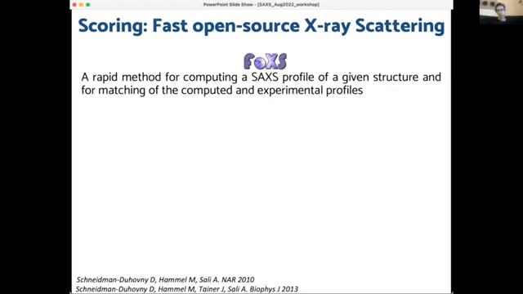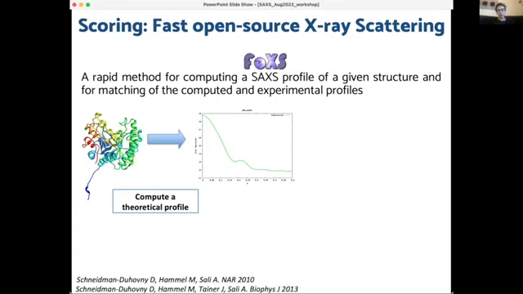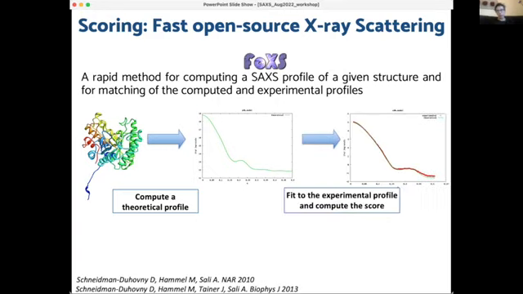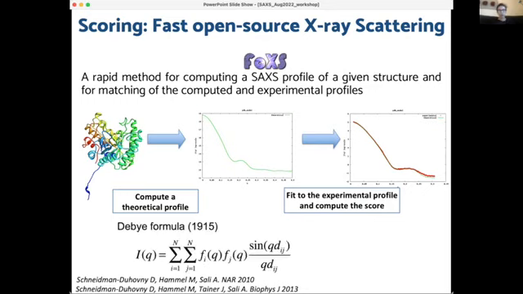And this is why when I started working on SAXS many years ago, the first thing we did with Michal was developing FoXS, which is a calculator for a theoretical SAXS profile. So what it does, it takes a model, it converts it into a theoretical profile, and then it fits it to the experimental profile. And this calculation is performed using the Debye formula.